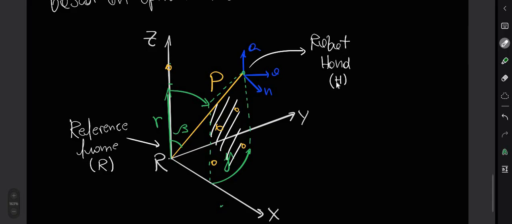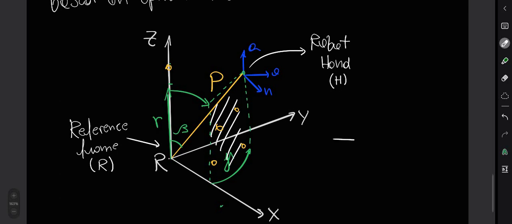Look how good it is. Without any task description, we can already write a transformation.